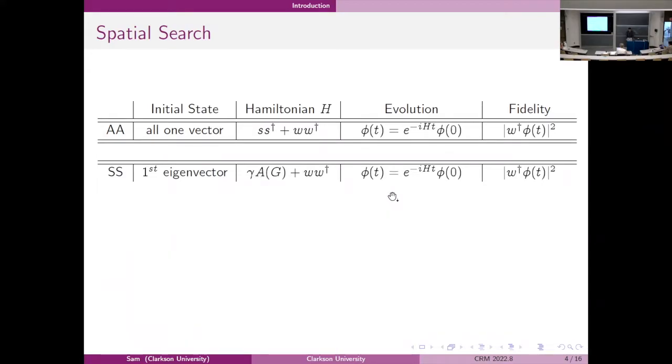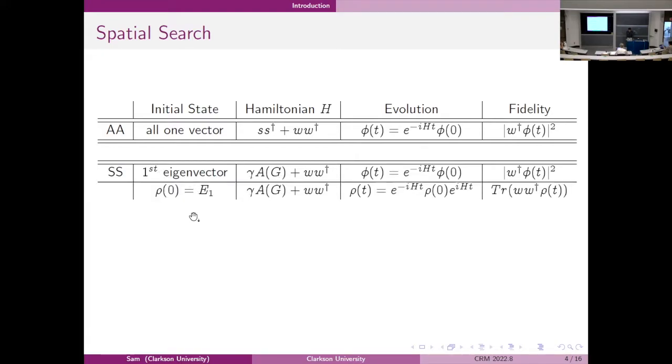And then the evolution is just a Schrodinger evolution, so we can solve it, and it has the formula e to the minus iHt multiplied by the initial state, and the fidelity is still the probability for finding the target state. This is the state vector, and actually we can also do that in terms of the density matrix.